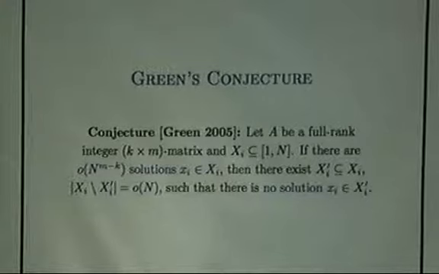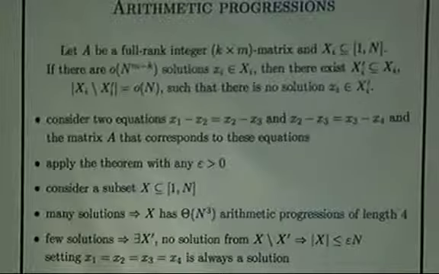Maybe before I tell you what our results are, let me show you one corollary of this conjecture. Assume the conjecture is true, and let us look at the following problem. Consider two equations: x1 minus x2 is equal to x2 minus x3, and x2 minus x3 is equal to x3 minus x4.